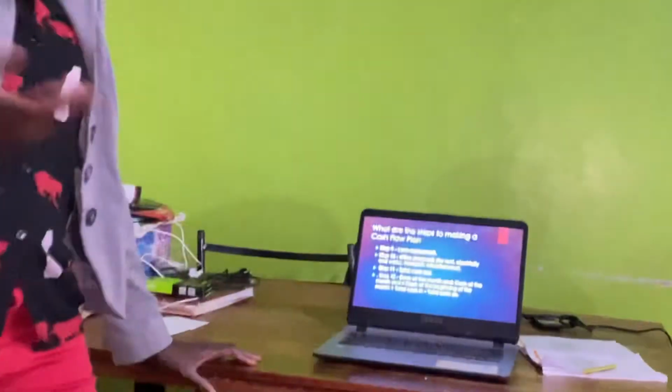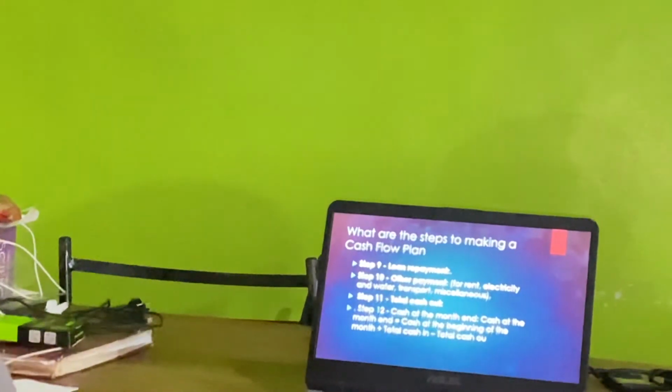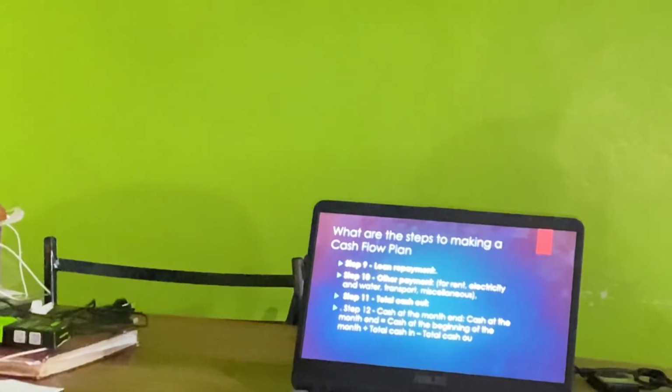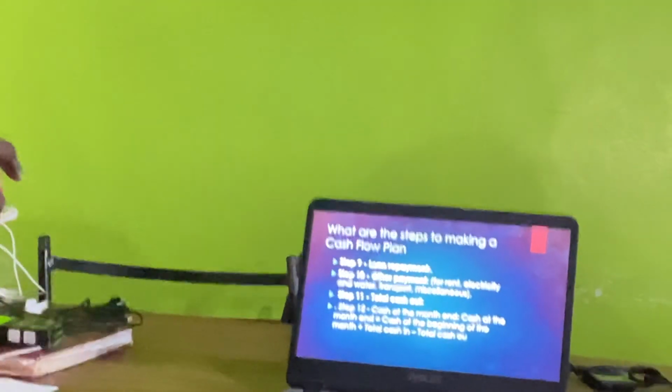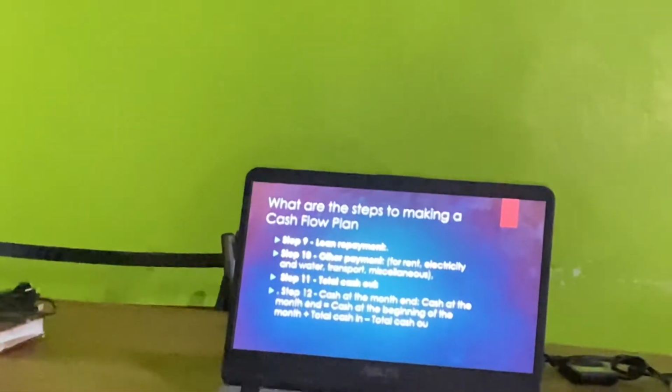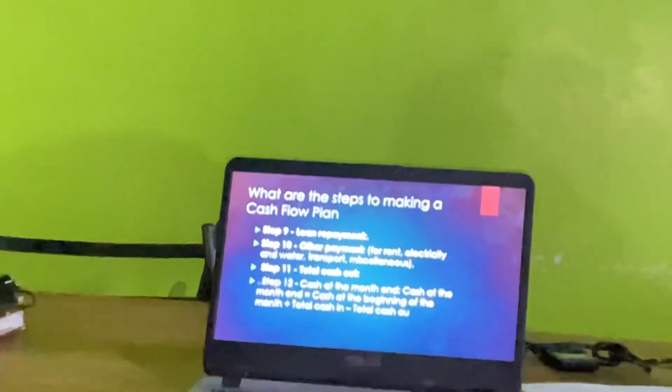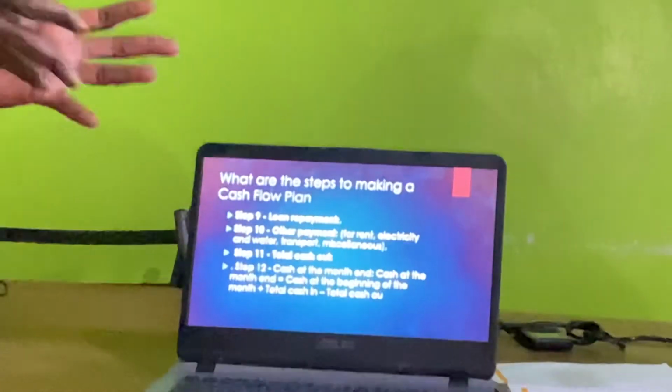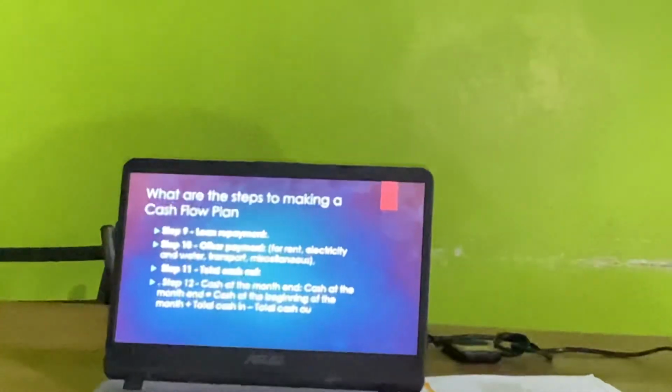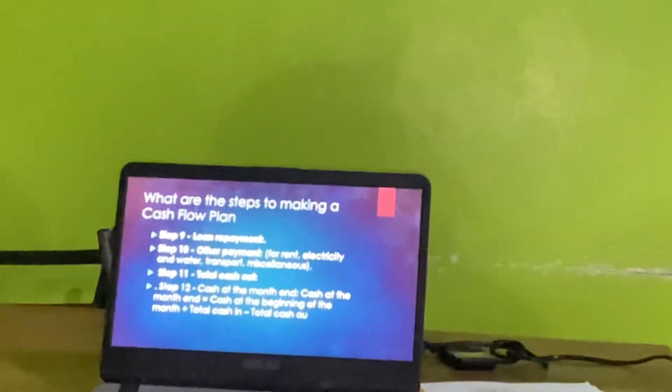And then of course there are other payments, those which are constant bills like your rent, your water expenses, the transport, and miscellaneous that you may have to spend in the business. And then of course we have step 11, which is the total cash out. Just the same way you calculated the total cash in, you need to spend some time and calculate the total cash out.